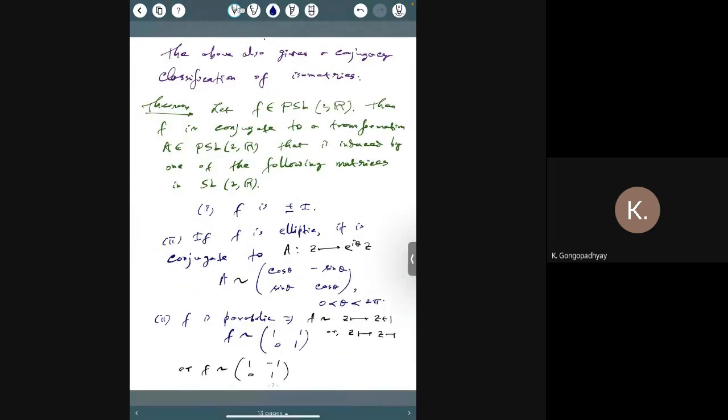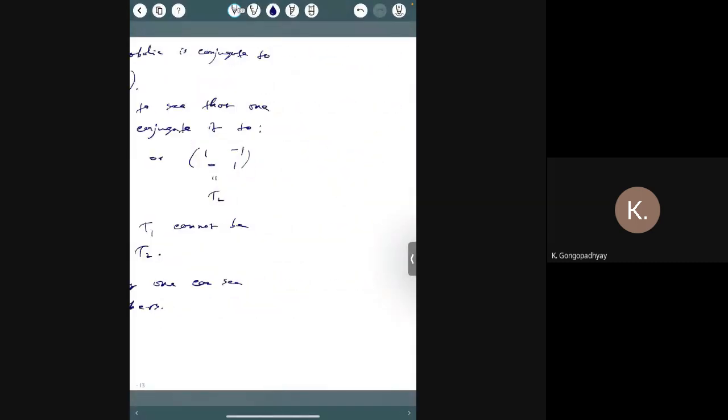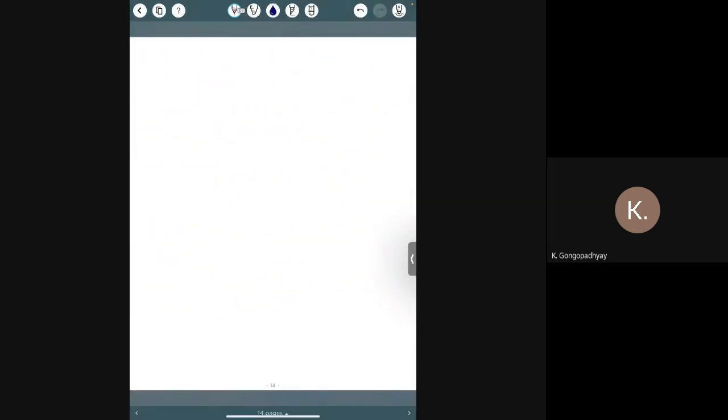Let me do it here itself. So the summary, the conjugacy classification in PSL2R.